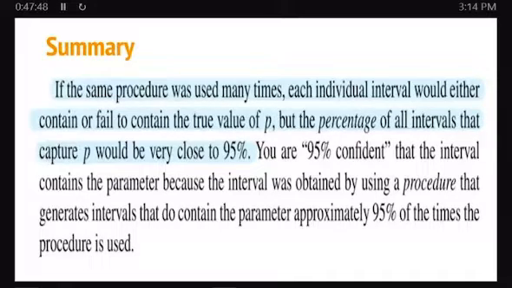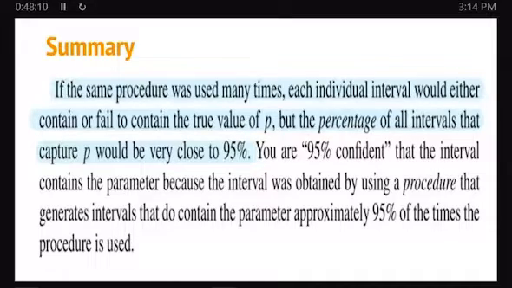This is one of the reasons why it is very common to use a level of significance of 5%. That doesn't mean we don't use other levels of significance. When the level of significance is 5%, it means a 95% level of confidence.